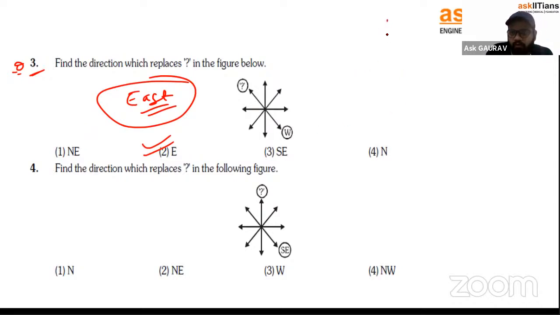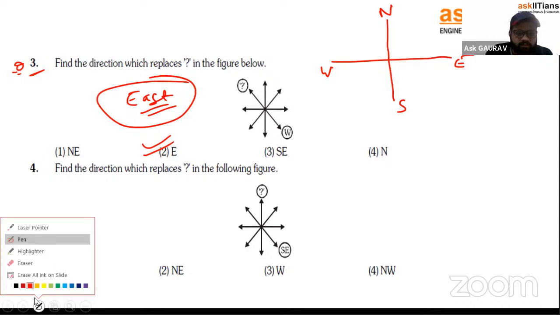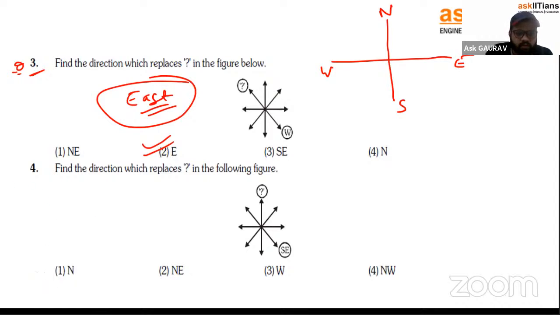Do question number 4. That's your standard diagram, north, south, west, east, right? Question number 4.